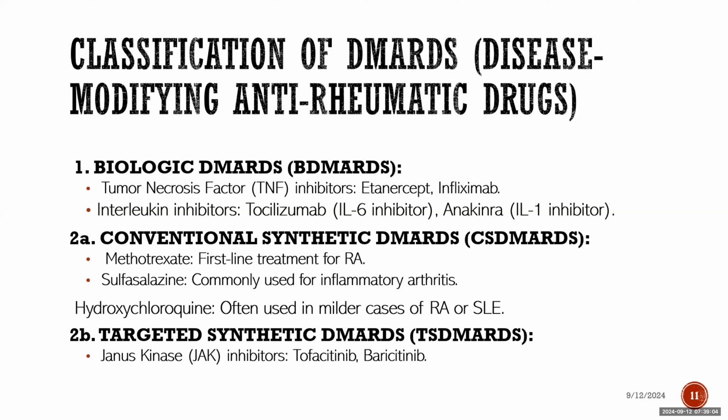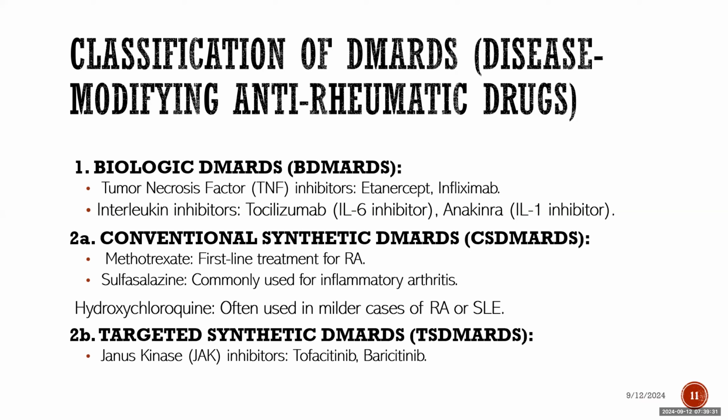Then the synthetics, which could be conventional or targeted. It's of note that one of the most important synthetic DMARDs, methotrexate, is actually the first line treatment of rheumatoid arthritis. Sulfasalazine is also one, commonly used for inflammatory arthritis. Also hydroxychloroquine.